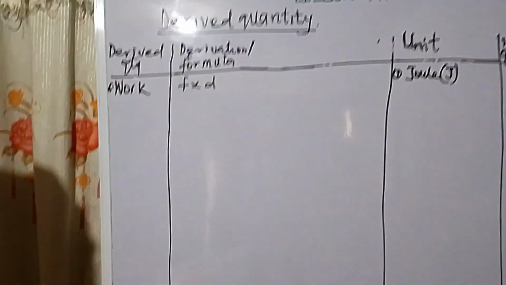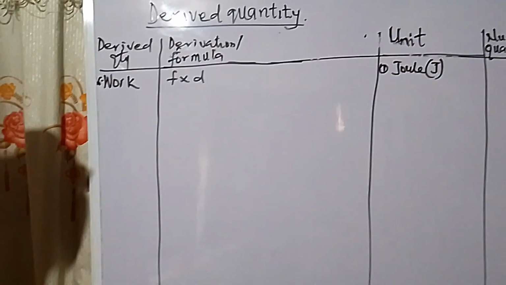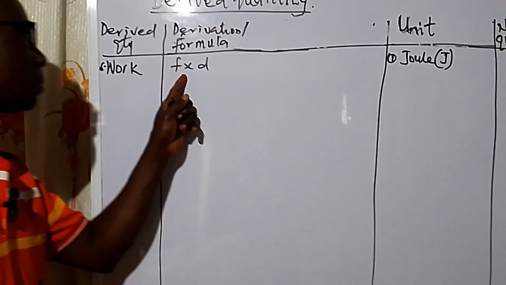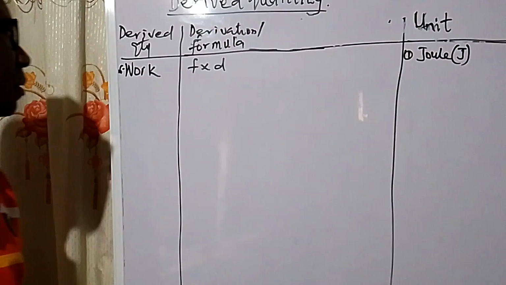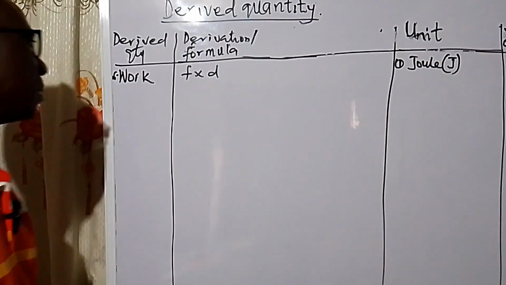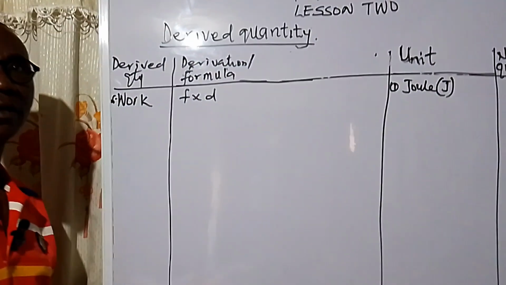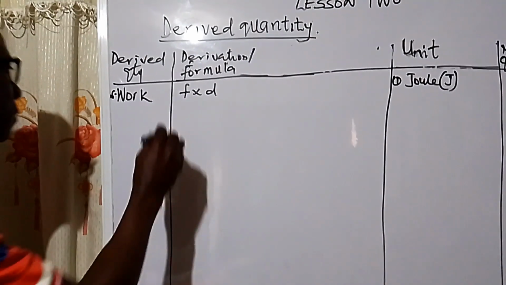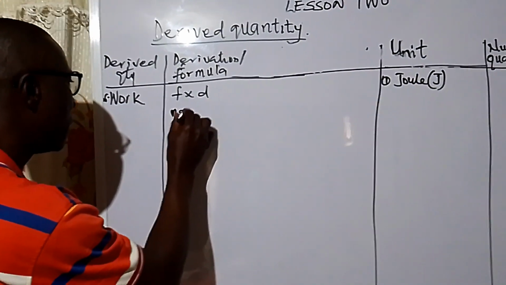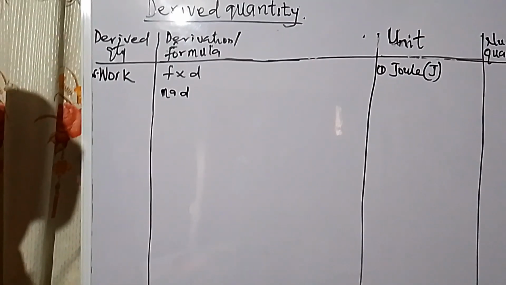Now, to get other units of work and get the number of quantities that work can take, we need to express this formula further because work is a derived quantity. Don't forget we treated force in the last lesson, and force will be equal to ma, then multiplied by d.